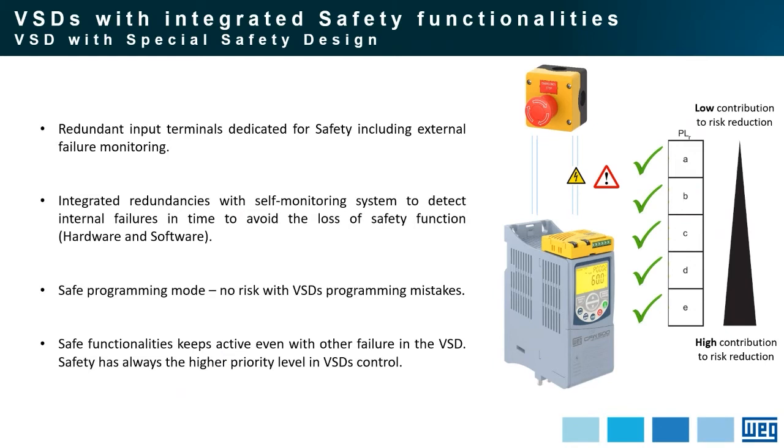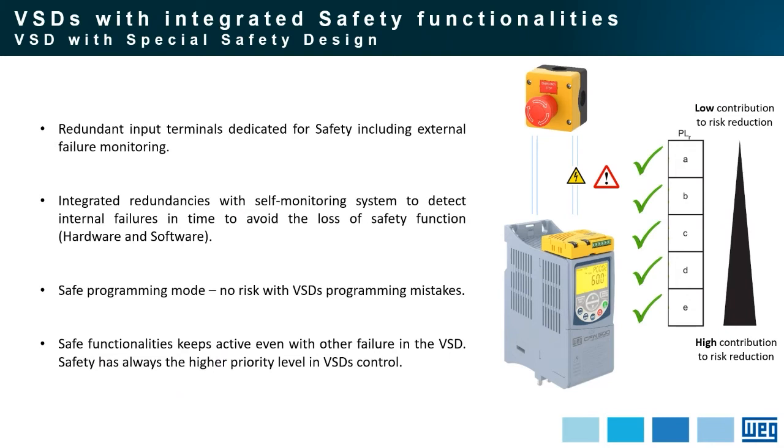Also, the variable speed drive has integrated redundancies with a self-monitoring system to detect internal failures in time to avoid the loss of safety functions. It includes special hardware with several redundancies and also special software that will do all the self-monitoring of this variable speed drive to make sure that the safety functionalities are running well.